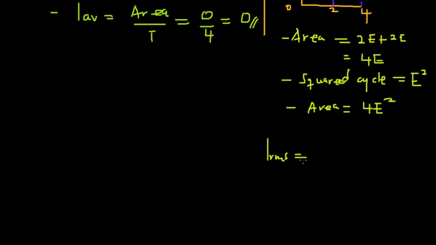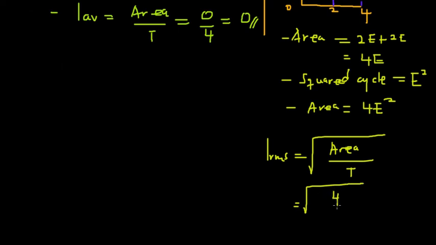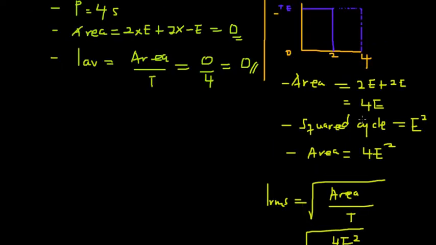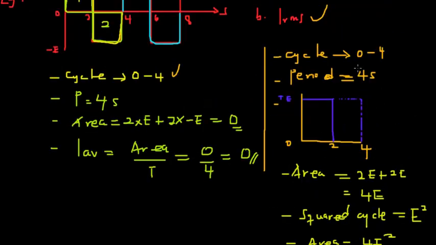So our root mean squared is the root of the area divided by our period. Now we have the area to be 4e squared, divided by our period, which was 4 seconds.